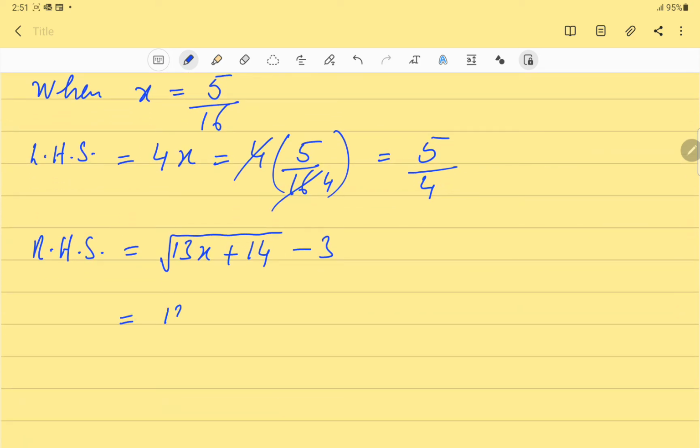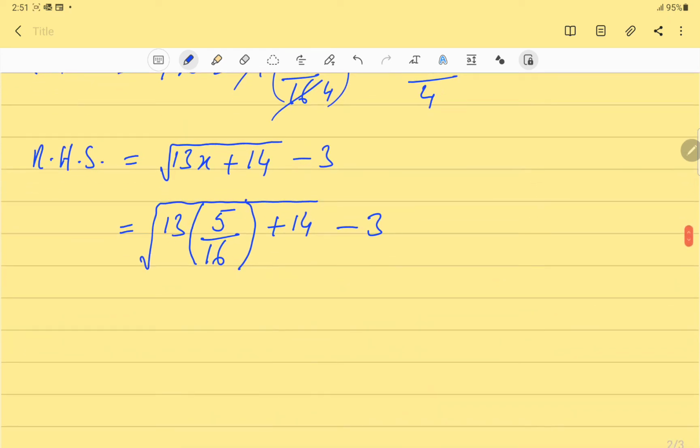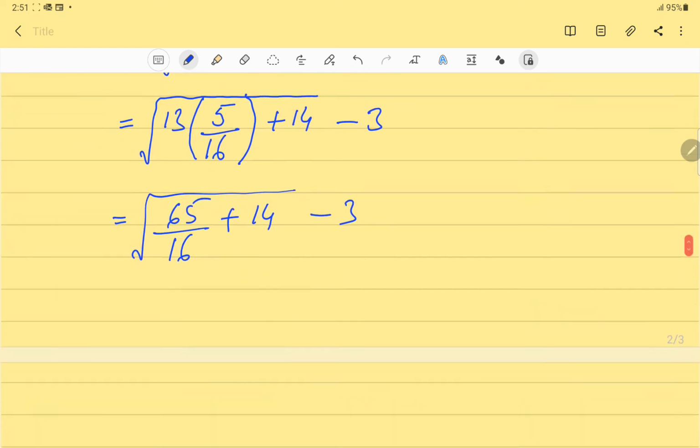We'll substitute the value of x. So 13 into 5 over 16 plus 14 under square root, minus 3. Let us solve it. 13 into 5 is 65 over 16 plus 14, minus 3.